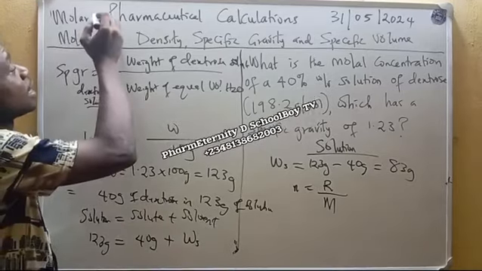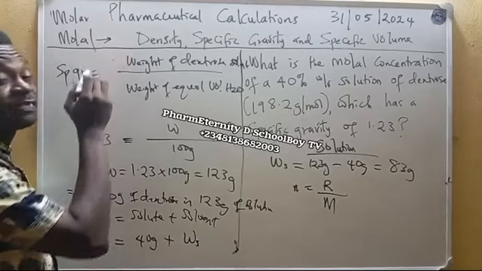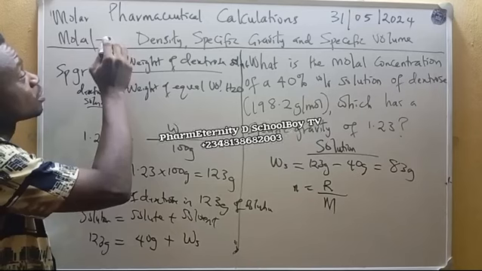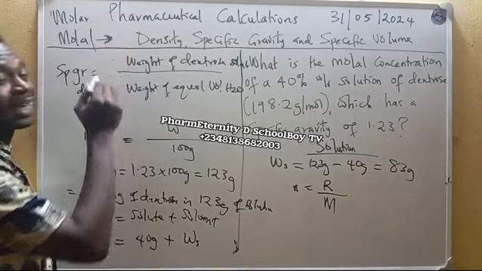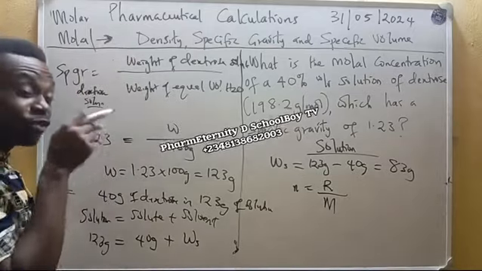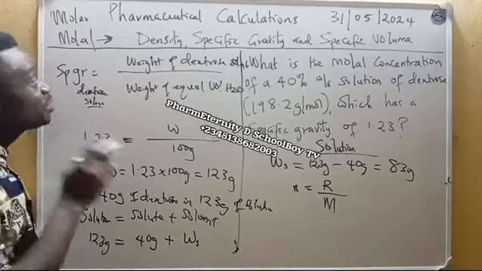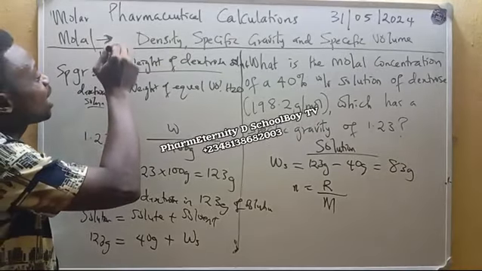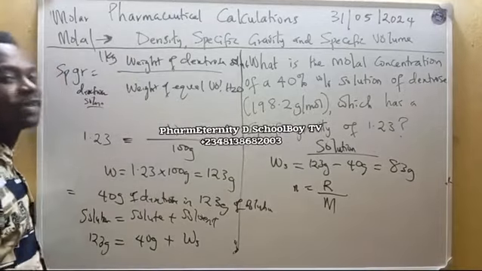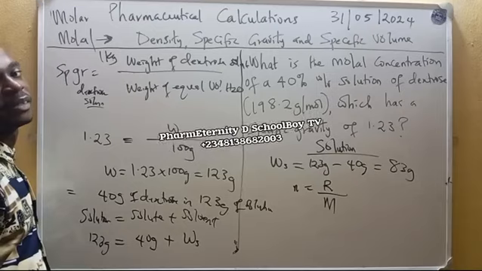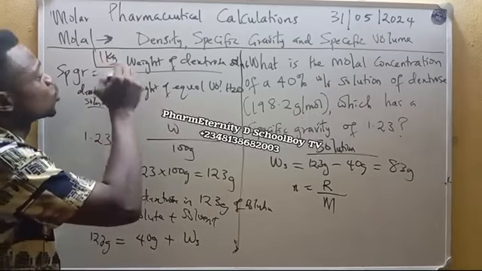But this one, specifically, has to do with the number of moles in 1 kilogram of the solvent. It must be specifically 1 kilogram of the solvent. The solvent must be 1 kilogram.